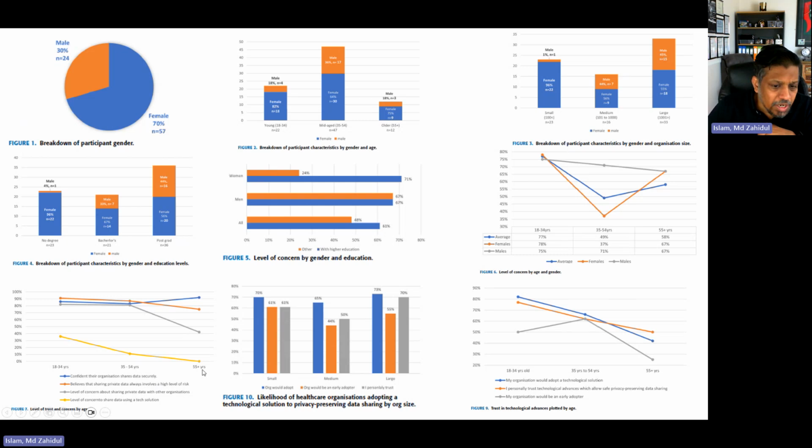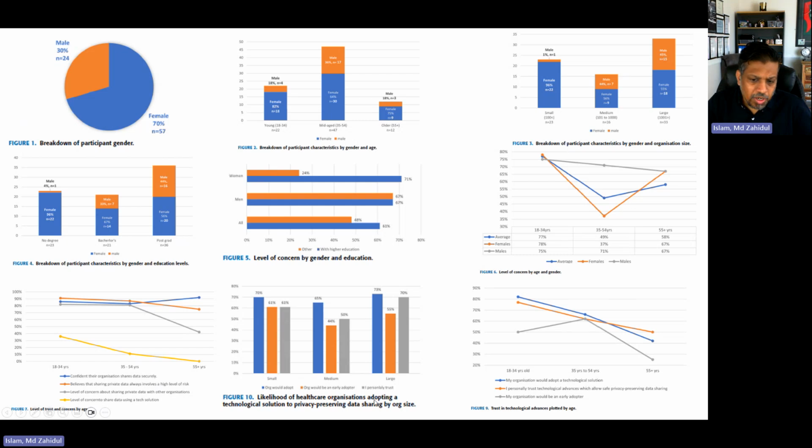So this is an interesting observation. And then the level of concern about sharing data using a tech solution also drops quite a bit when they get older. So it looks like older practitioners, clinicians, and health professionals have more trust and confidence in some sort of data sharing, some sort of technological solutions.